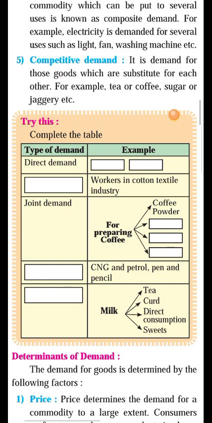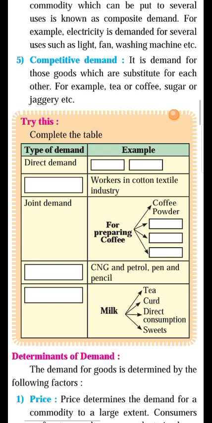Third example you can take down: Maaza and Slice. Both are mango drinks. An increase in the price of Maaza leads to an increase in the demand for Slice, because today's consumers are very rational.